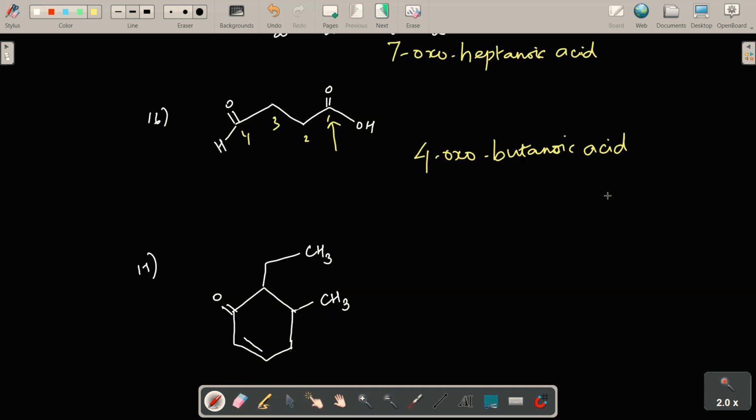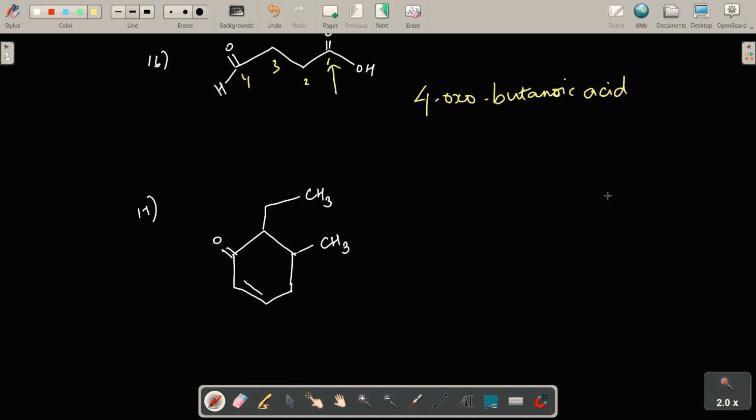Okay, now we'll move on to the next one. In this one you have an ethyl and a methyl as substituents and the functional group is a keto group and a double bond. So obviously the keto will be your primary functional group. So start giving the numbering from here, 1, 2, 3, 4, 5 and 6. So first you have to write the names of the substituents according to the alphabetical order.